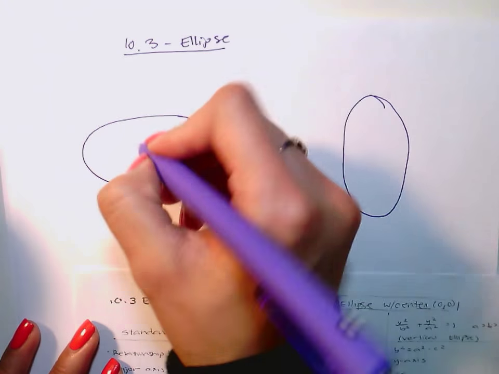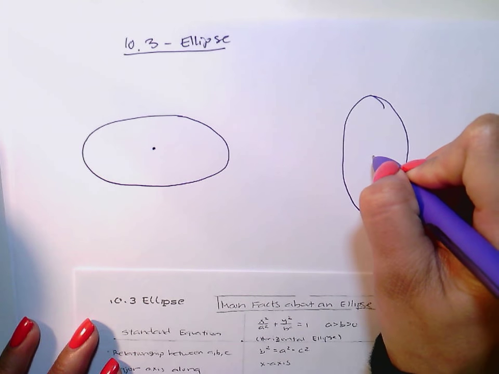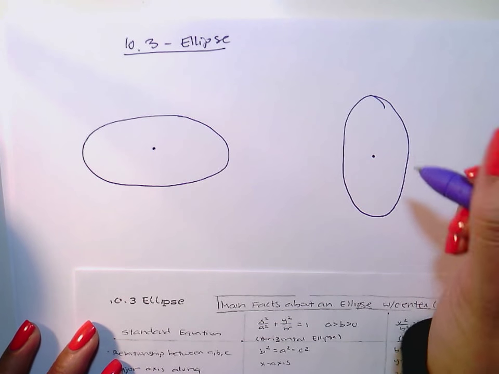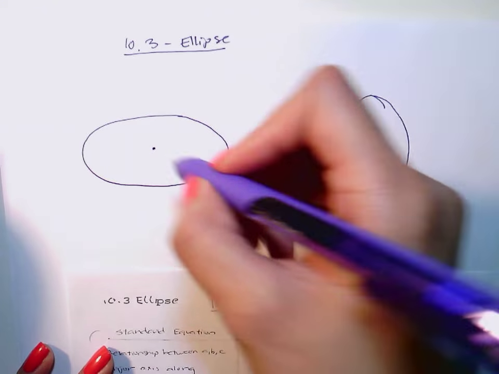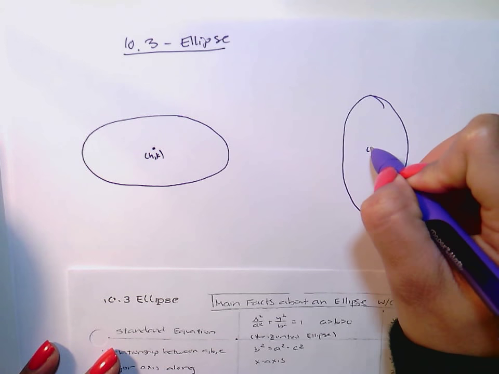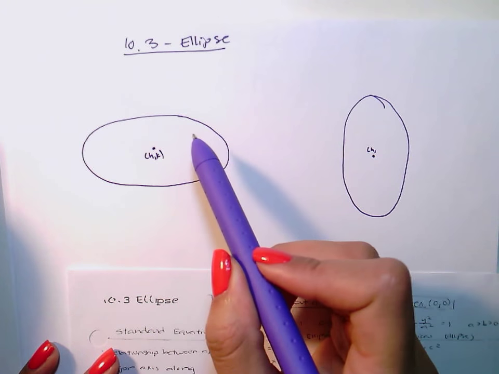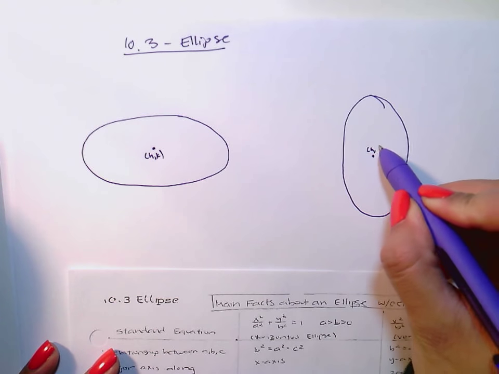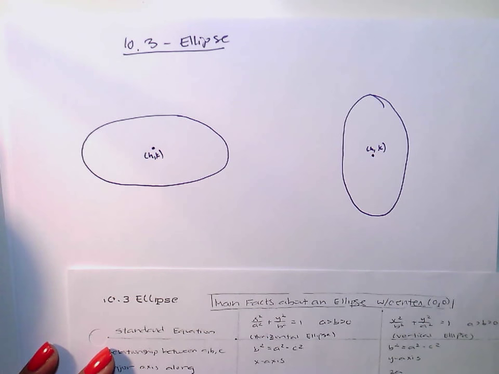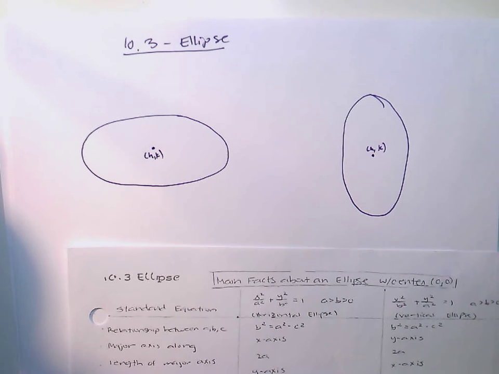So this center point is exactly the center, and this point in the middle is also called the center. In general we call it (h, k). Whether the ellipse is longer horizontally or vertically, the center is still (h, k). And if I was following that definition, we're going to need foci as well.